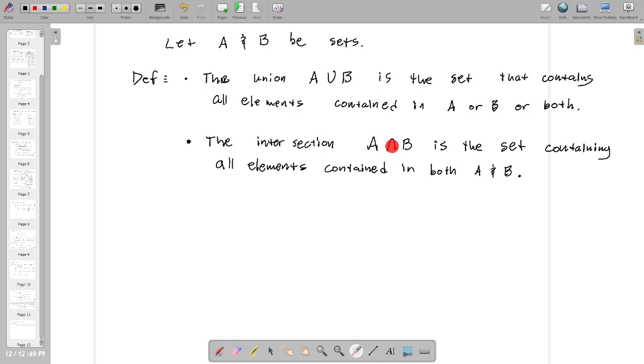So if you have an element that's only in A and not in B, it would not be included in the set. If you have an element that's only in B and not in A, also not included. The only elements that are included in the set A intersect B are the elements that are contained in both.